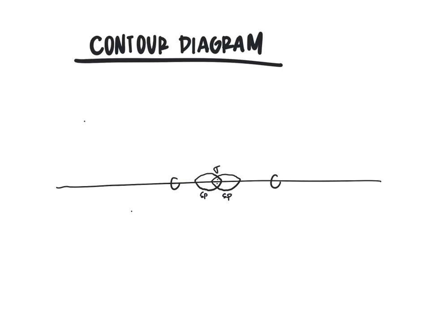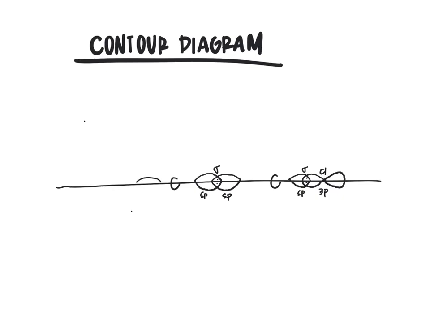Then the carbons are bonded to the chlorines through the sp orbital. They're bonded to the 3p orbital of the chlorine. And again, this is a sigma bond.